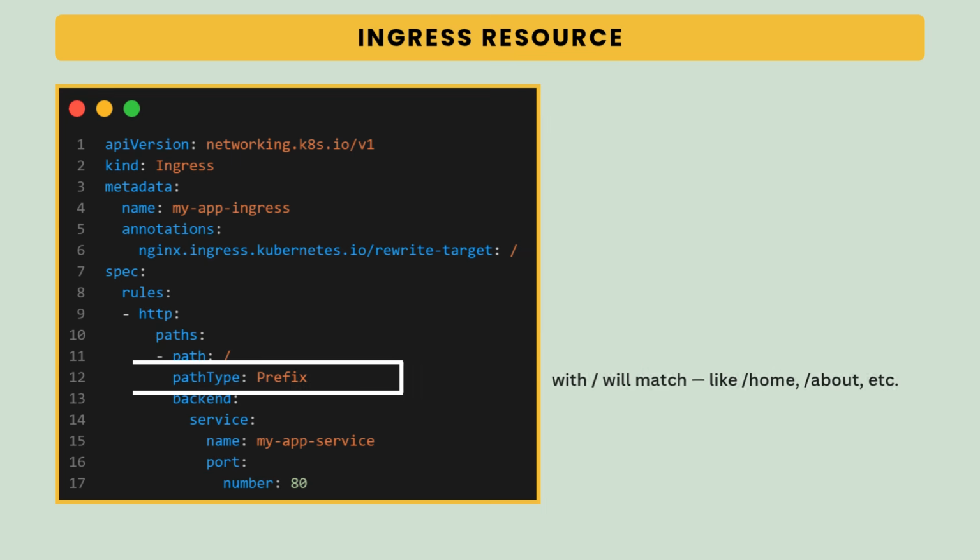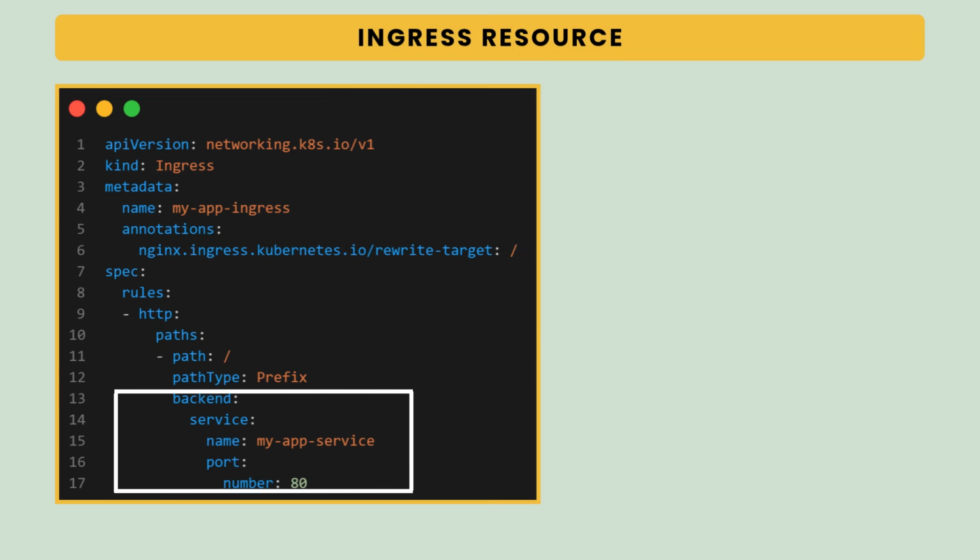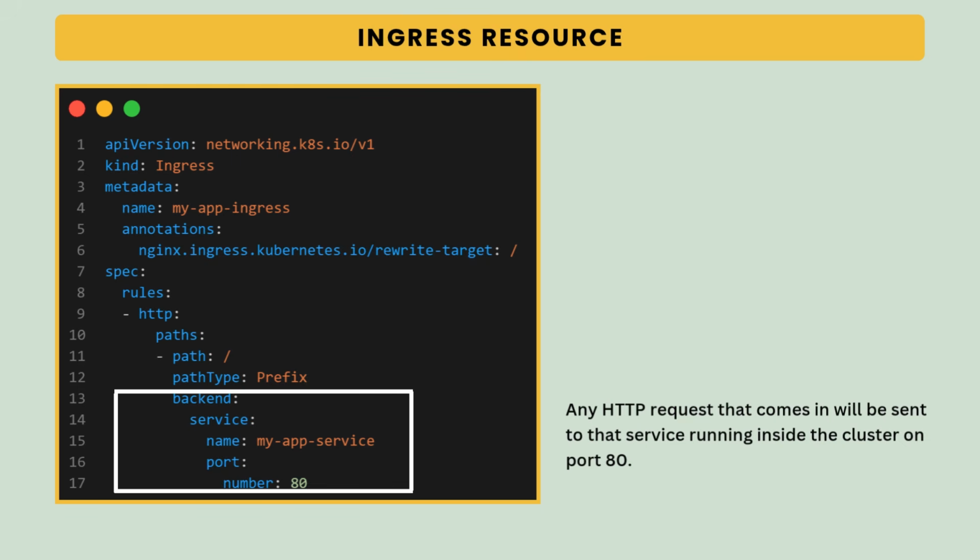Finally, we have to define the backend. Here it's pointing to a service named my-app-service on port 80. So basically any HTTP request that comes in will be sent to the service running inside the cluster on port 80.